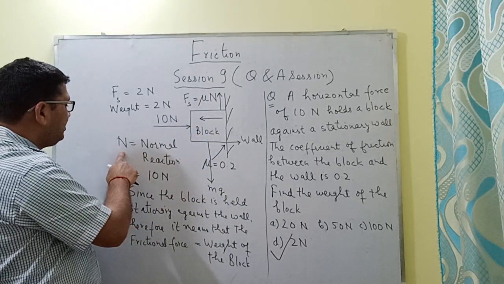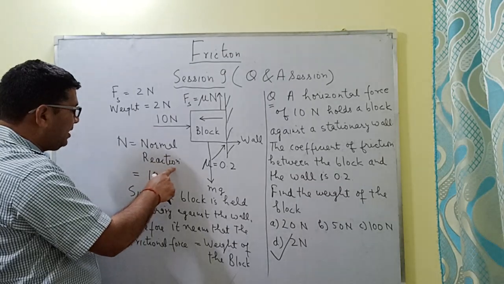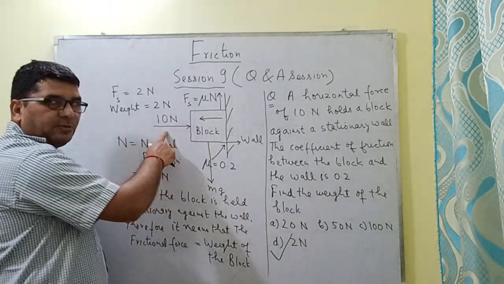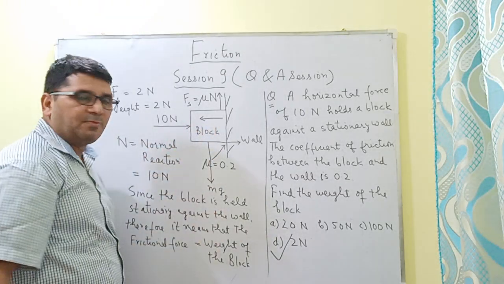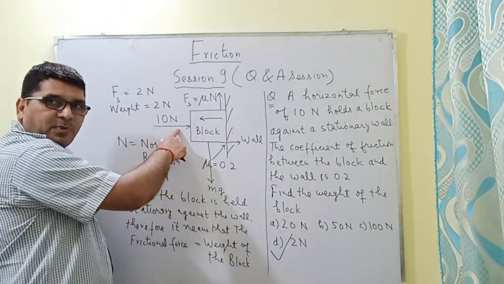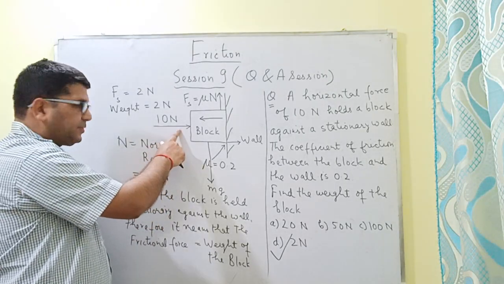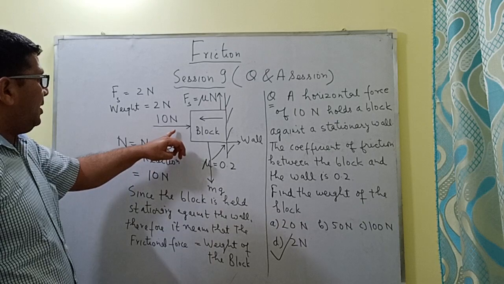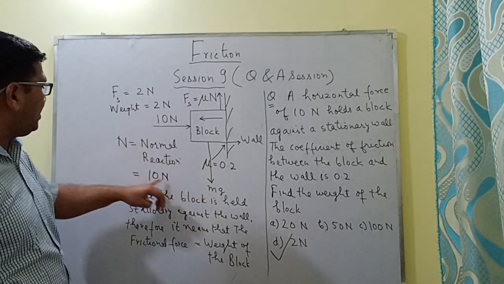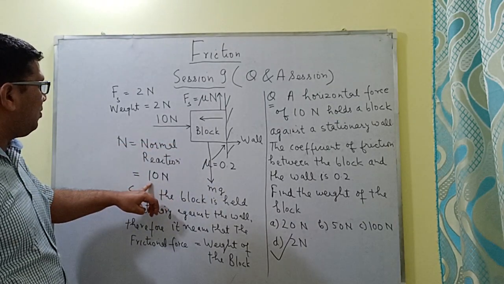The magnitude of this reaction will be equal to the applied horizontal force. So in this case the normal reaction becomes equal to 10 Newton.